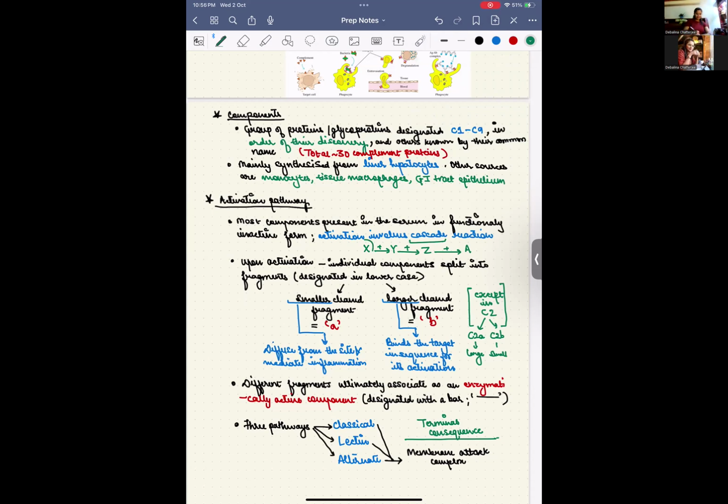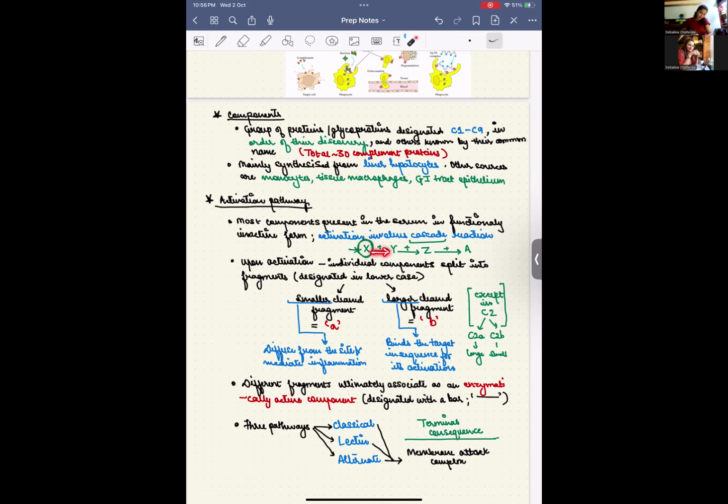Now, how is this X activated? Activation of the first initiator could be different for either of the pathways that we just discussed. But for now, let's just say that an activation has happened, and upon activation, these components will split.